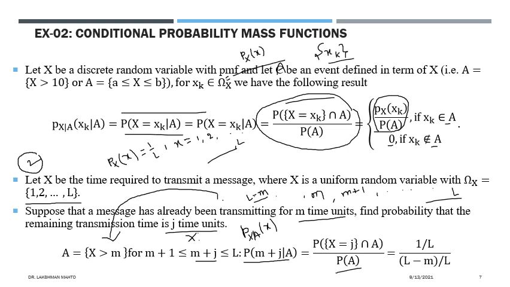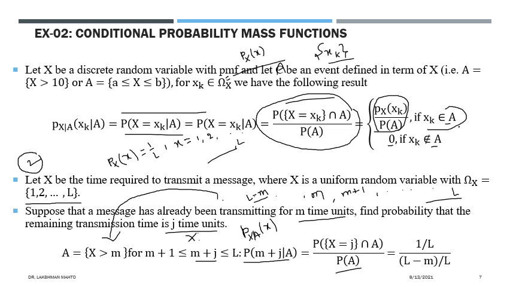Suppose we take only the scenario when j is within A, where there is a common thing between this event and this event. If j is within A, that means j is greater than m.